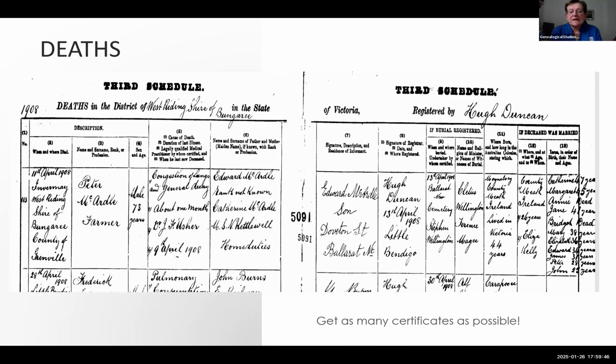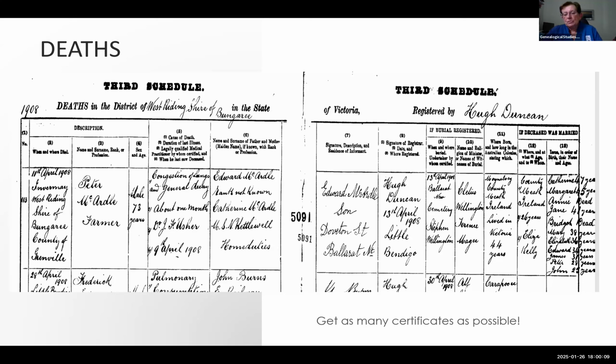His grandmother's name is Catherine McArdle, maiden surname Kettlewell. The informant was Edward McArdle, who was the eldest of the sons born to the McArdles, and he was also living in Ballarat. We've got the details of the registrar.